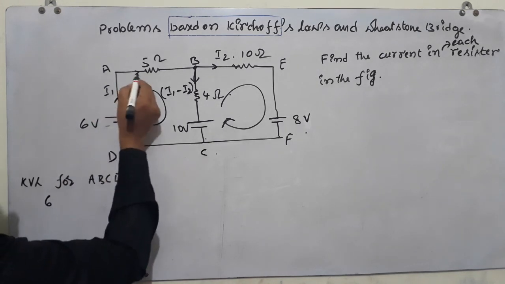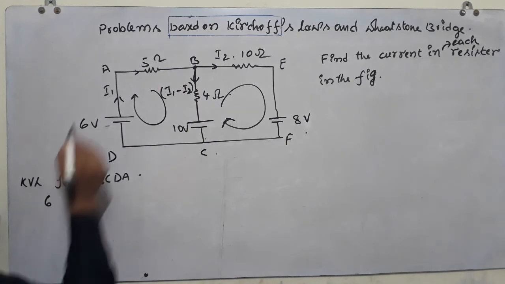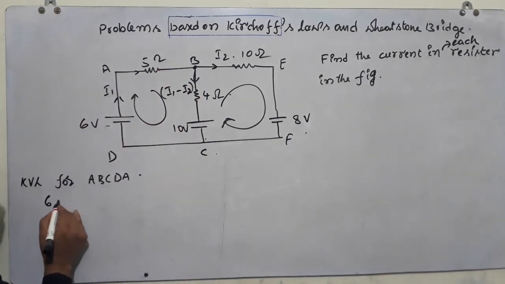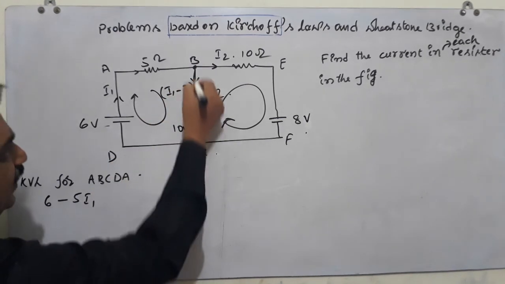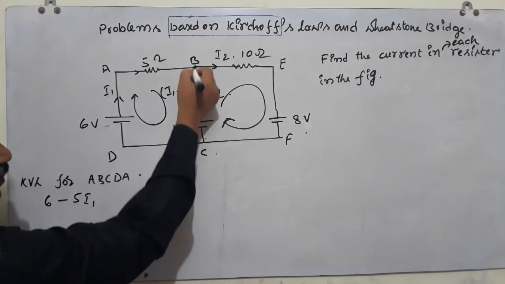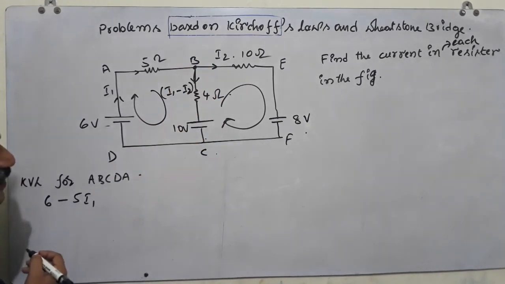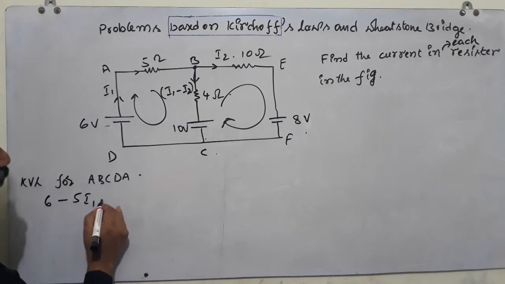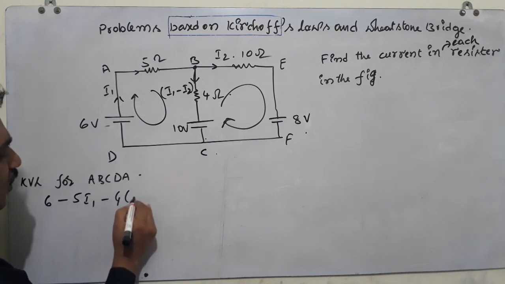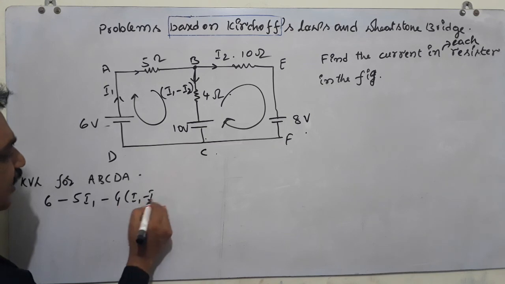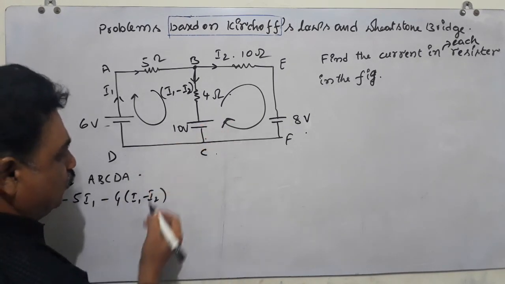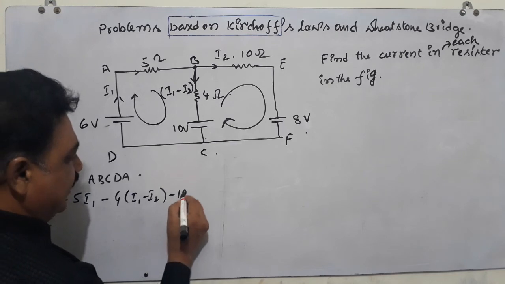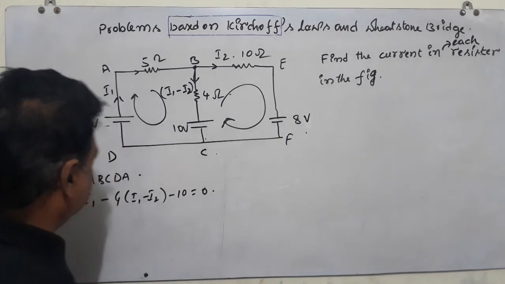Here you are moving in the direction of current AB, minus 5I1, and here also you are moving in the direction of current, that is minus 4 into I1 minus I2. Here you are moving from positive to negative, minus 10 is equal to 0.